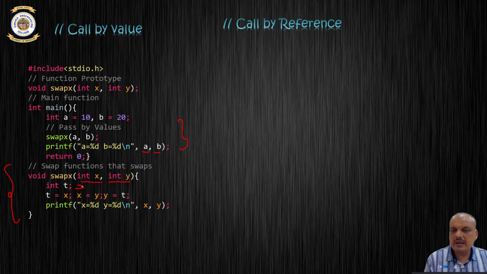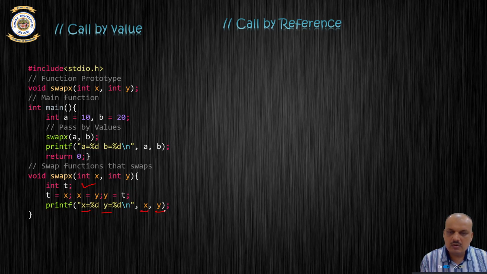Then I have a temporary variable t in order to do the swap. I transfer x to t, y to x, and then t to y. So I swap the data between x and y using a temporary variable t, and then I print the values of both x and y.